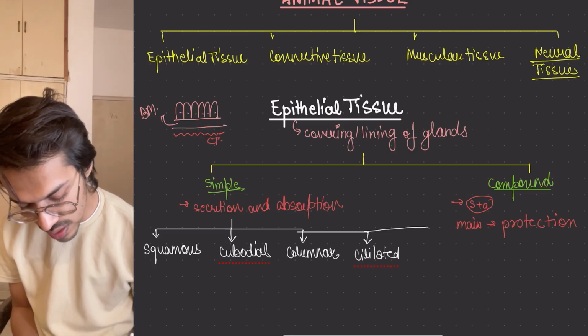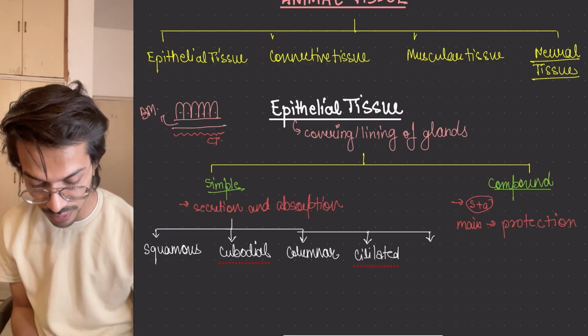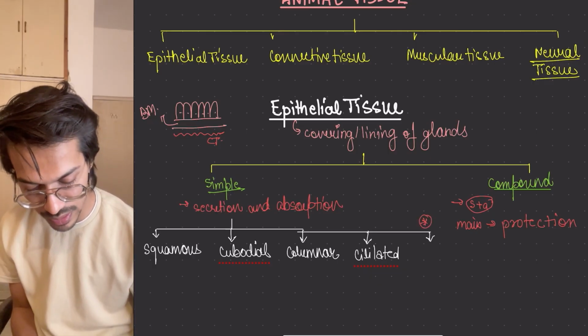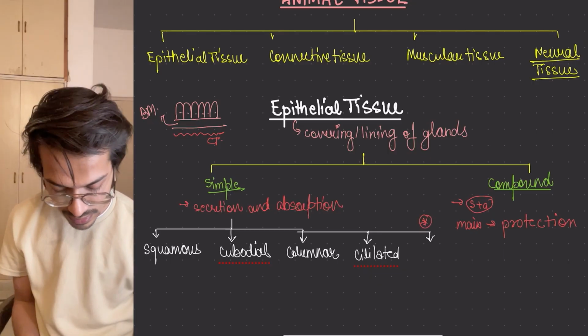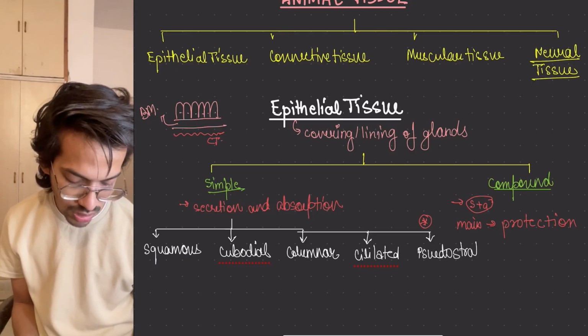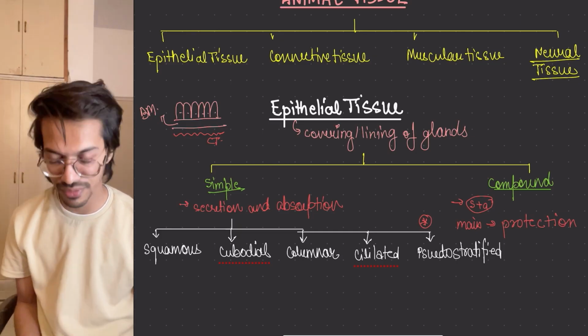And the last one, which is not given in NCERT either, but is very important. Just remember the example because this can definitely come in the paper. That is the pseudostratified or transitional epithelium. Just remember pseudostratified.